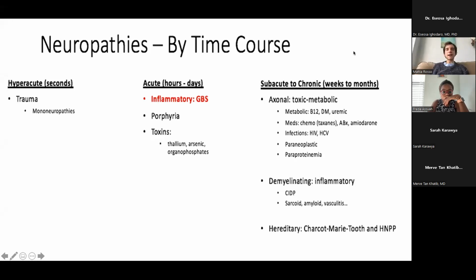Organophosphates can present with a delayed but acute neuropathy. And I think the last one that I can think of is diphtheritic neuropathy that can also present acutely. But by and large, if something is hyperacute, I think of trauma. If something is acute, I mostly think about Guillain-Barré.